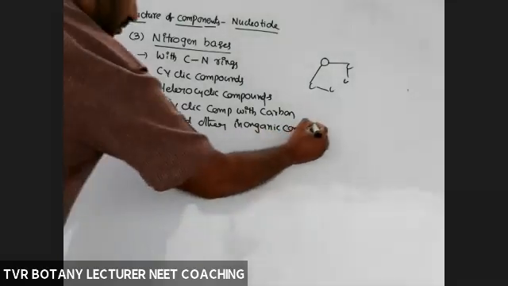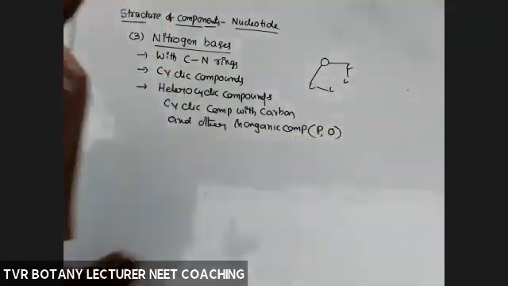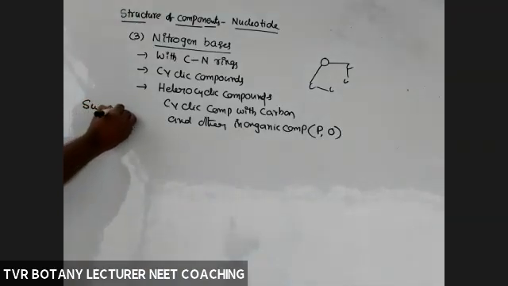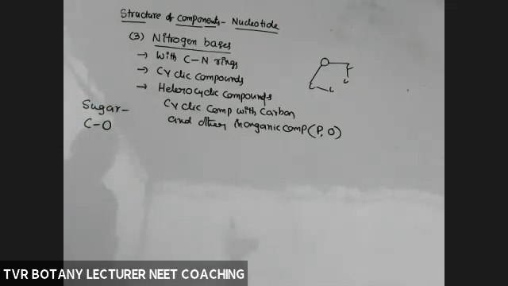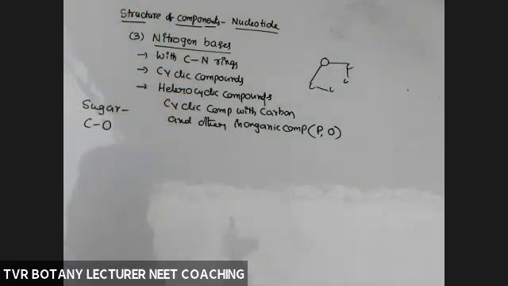That inorganic component is either nitrogen or oxygen. In the case of the ribose sugar molecule, carbon and oxygen are present in the main skeleton. Here, carbon and nitrogen are present. We will see that structure. So these are the nitrogen bases.